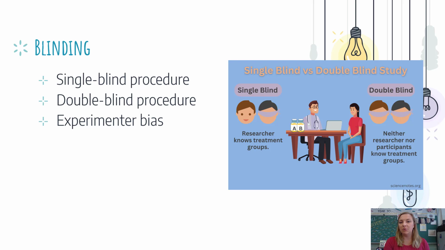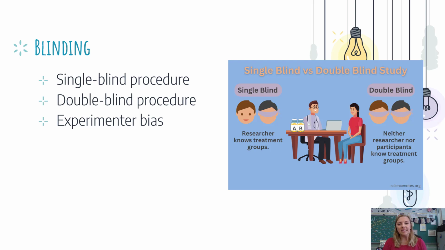So who is in the experimental group, who's getting the tea, and who is in the control group, getting the placebo. The double blind experiment is when neither the researcher nor the participants know which group they are in. So the researcher also wouldn't know if the person is getting a placebo tea or the regular herbal tea. This is to avoid the experimenter bias.